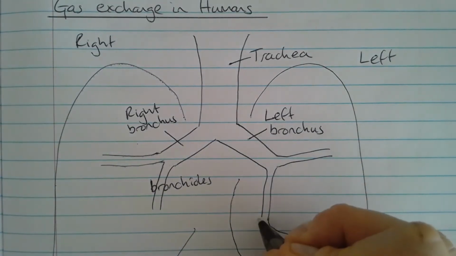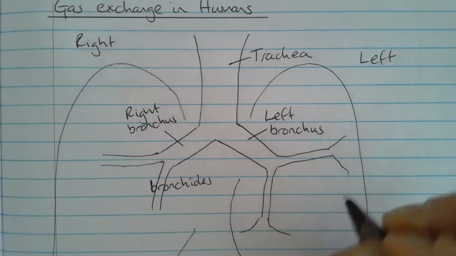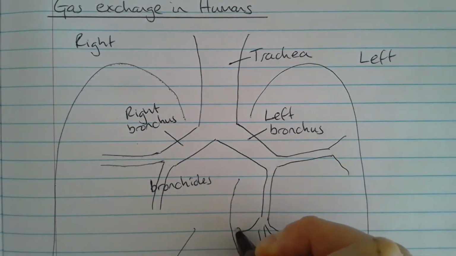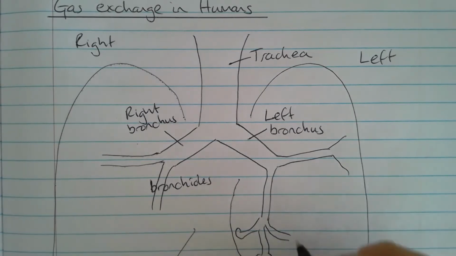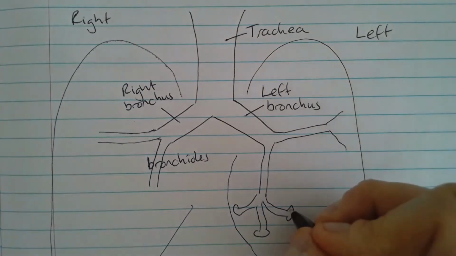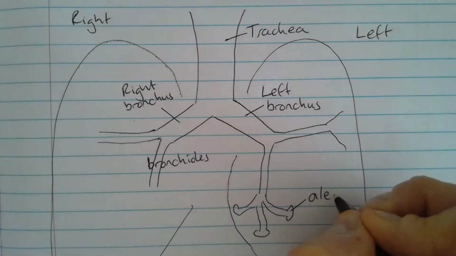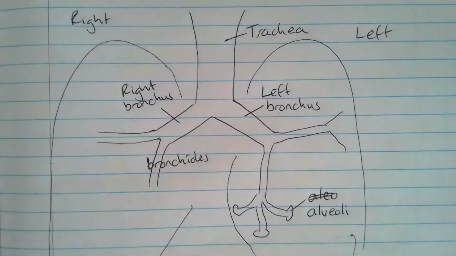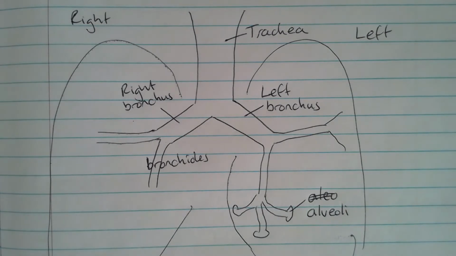And then each of these structures starts to branch out even more themselves, and they end in little air sacs called the alveoli. So I'm going to label that one, I apologise, alveoli. Alveoli is the plural word, in this case, but I'm just labelling one of them.